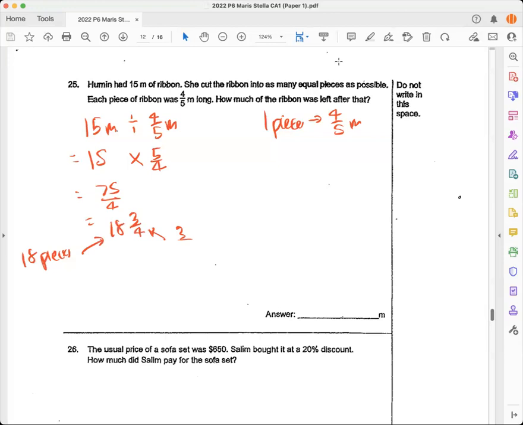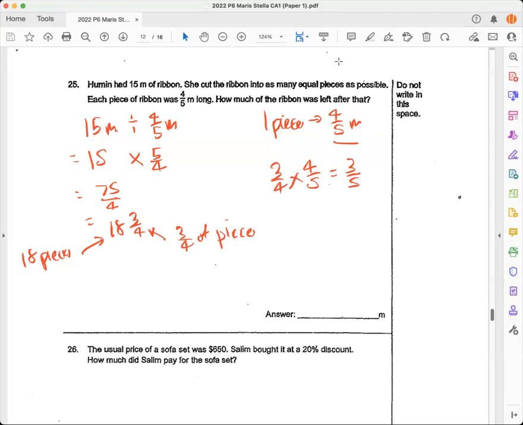So it's 3/4 of 4/5 meter. 3/4 piece, okay? So one piece is 4/5 meter, 3/4 piece will be 3/4 times 4/5. And you get 3/5. So this is the remainder. That is not a complete piece, right?